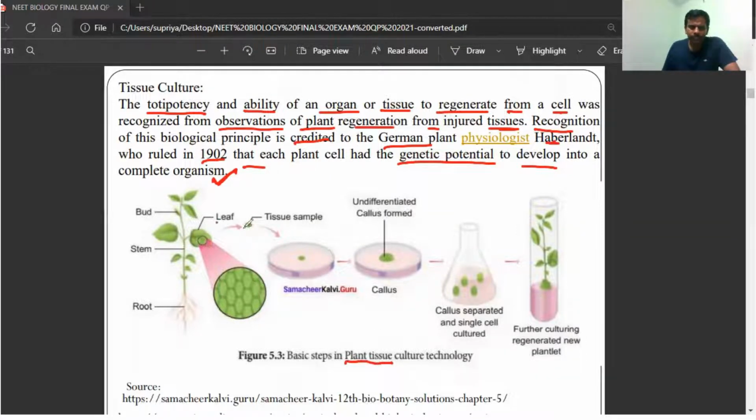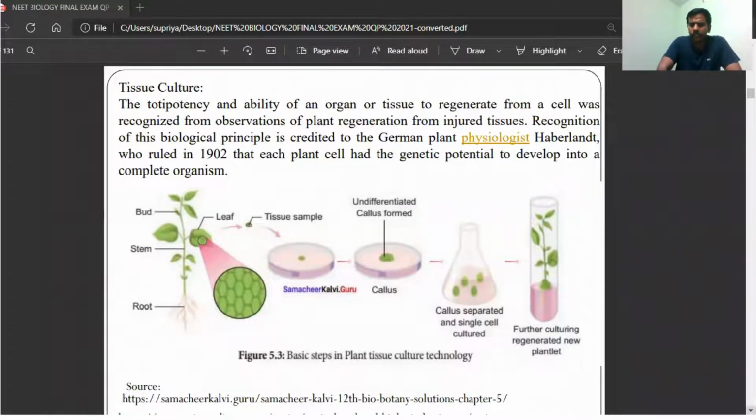It means they are taking a few cells, a small tissue from the leaf, and they cultured it in the plant tissue culture laboratory, and they developed a callus, and the callus separated into single cell culture, and finally they have developed an entire new plant, right? And once it is adapted, it can be transferred into the field. So it means with the help of the ability totipotency in a plant tissue culture lab, you can develop a new plant.